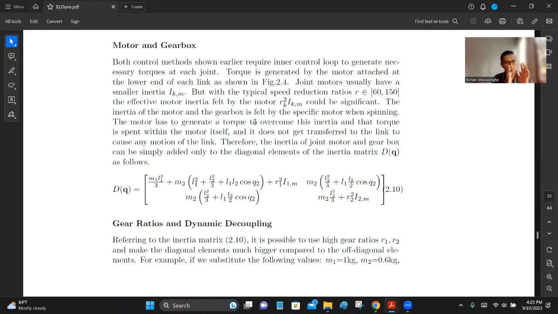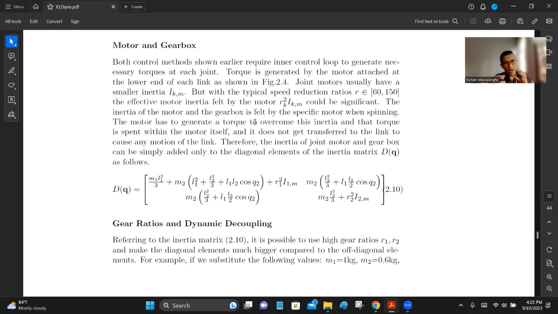And you cannot take that torque alone from the motor and gearbox, because to drive the motor, drive the gearbox, there is also a torque involved. So this torque and that torque added together, you get the total torque. So that is what the motor has to generate.